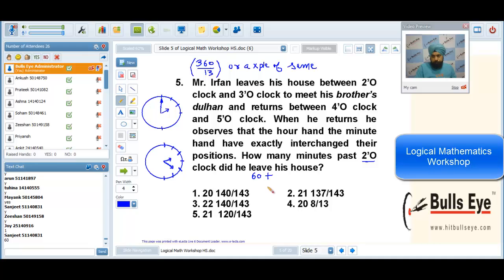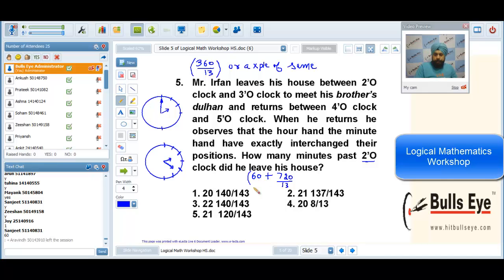Now roughly there is a gap of how many hours when the person returns? There is a gap of roughly 2 hours. If this gap is of 1 hour, we will use 360 by 13. If this gap is of 2 hours, we will take twice of that, which is 720 by 13.